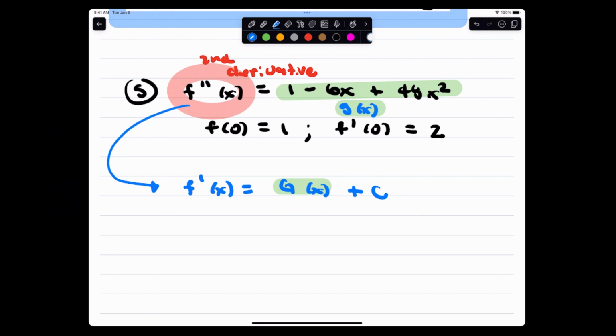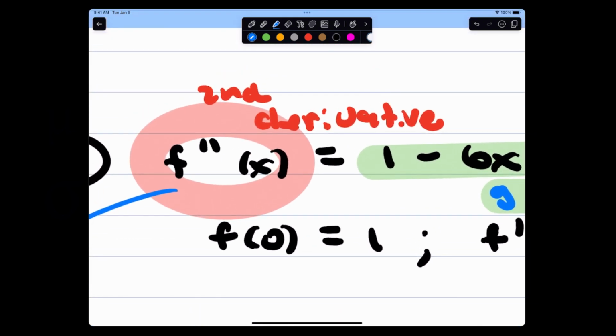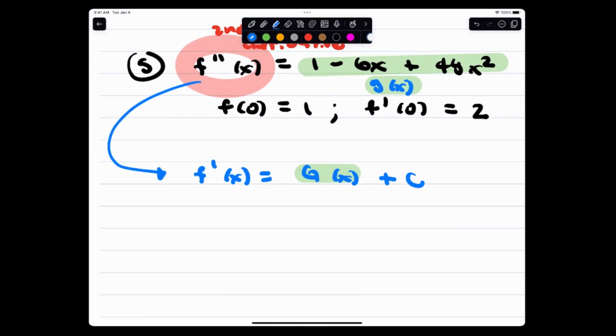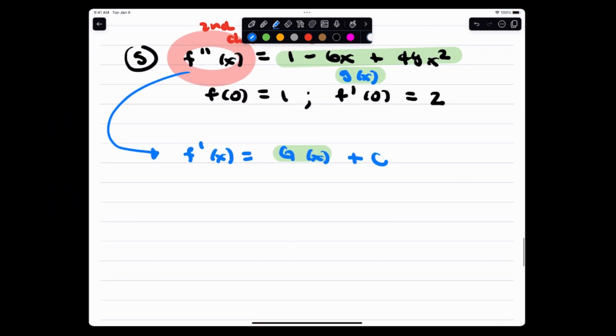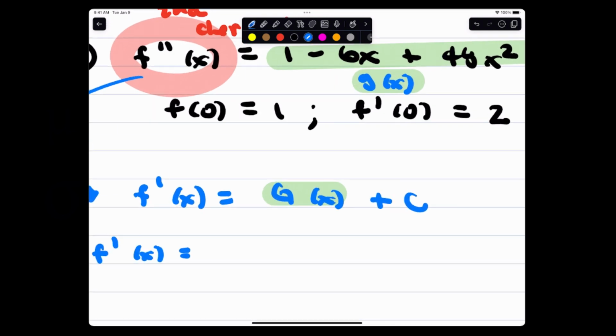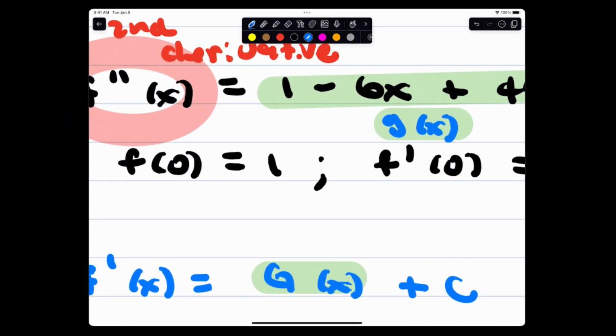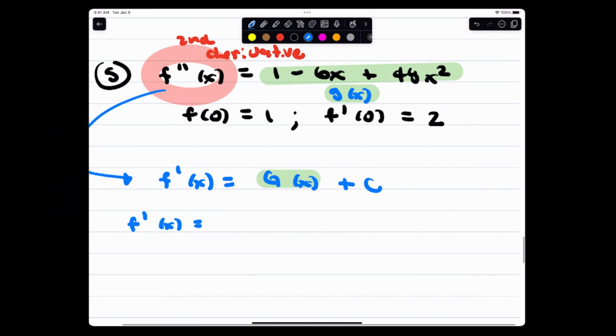All right, so you go, okay, undoing a second derivative means you're going to get a first derivative. So now, ladies and gentlemen, let's see what we end up with. What's the antiderivative of 1? It is x. You guys remember that?